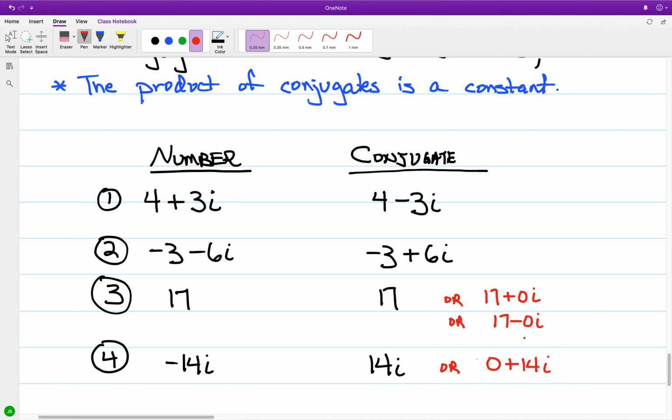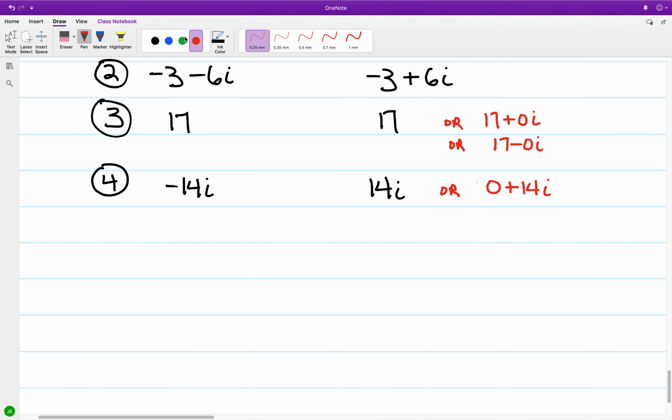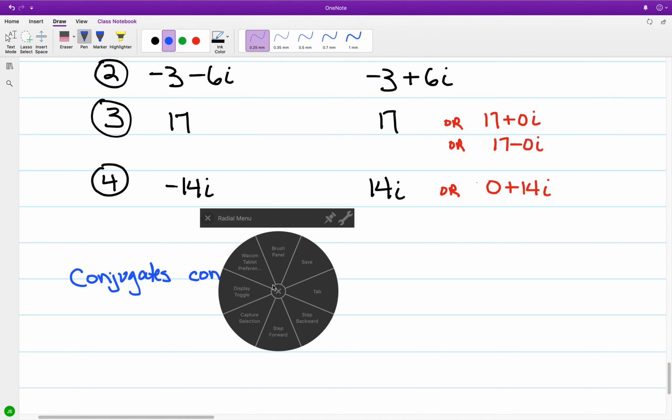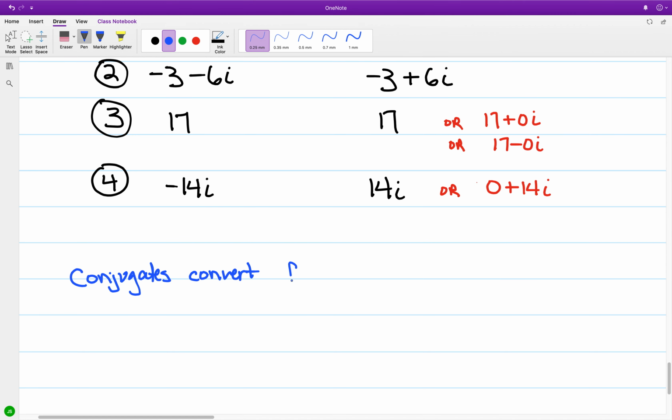Another thing about conjugates: the use of conjugates can be used to convert fractions to standard form.